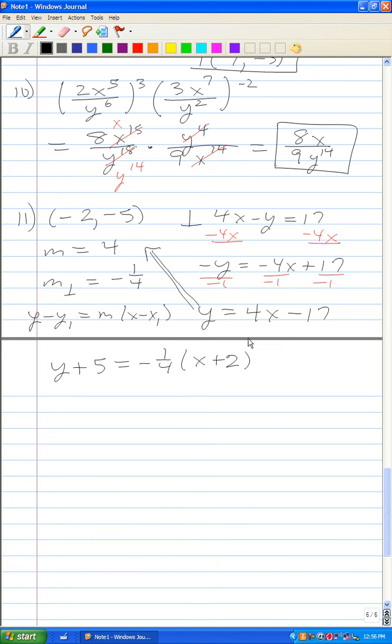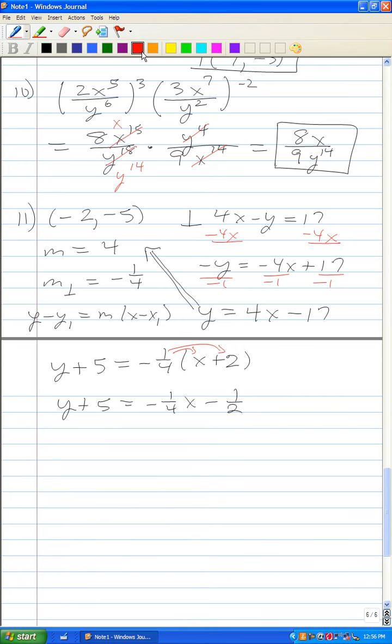Oh, but you want to write it in standard form. So let's try to write this in standard form. And so let me multiply the negative 1/4 inside the parentheses. And so I have y + 5 equals negative 1/4 x minus, well, 4 divided by 2 is 2.